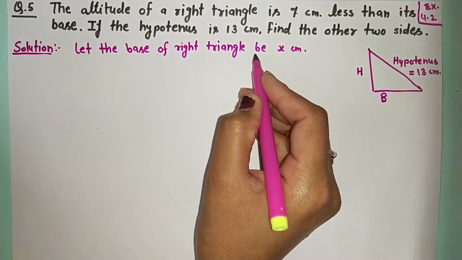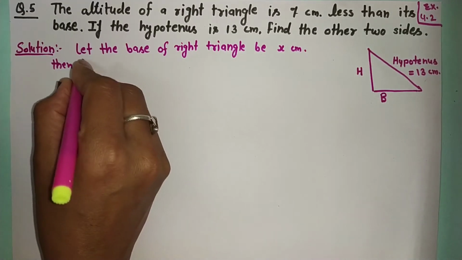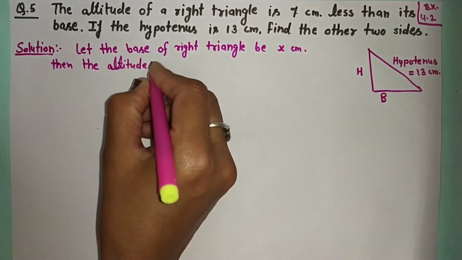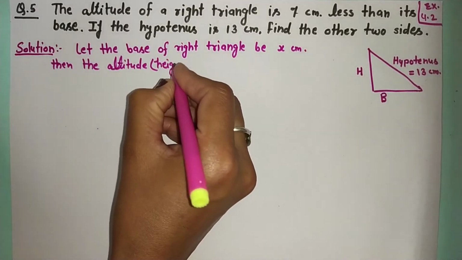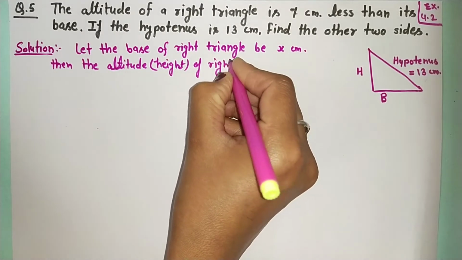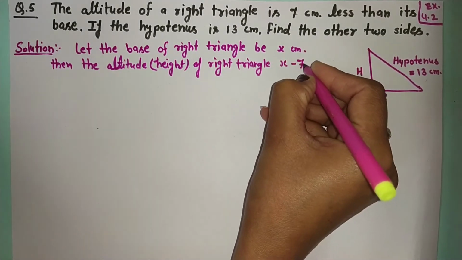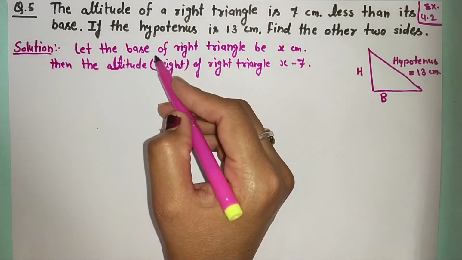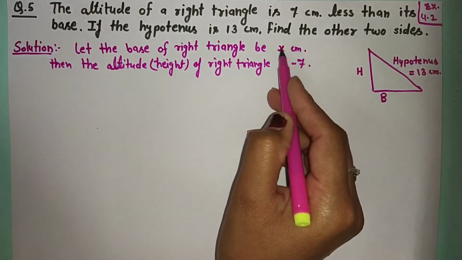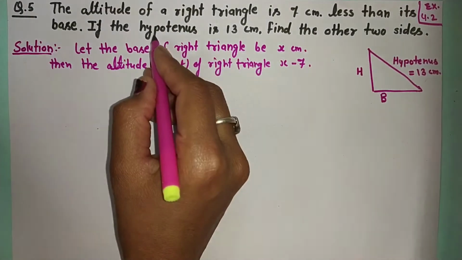If the base of the right triangle is x, then the altitude, that means height, of the right triangle will be x minus 7, because the altitude is 7 cm less than its base. If the base is x centimeter, then the altitude will be x minus 7 centimeter.